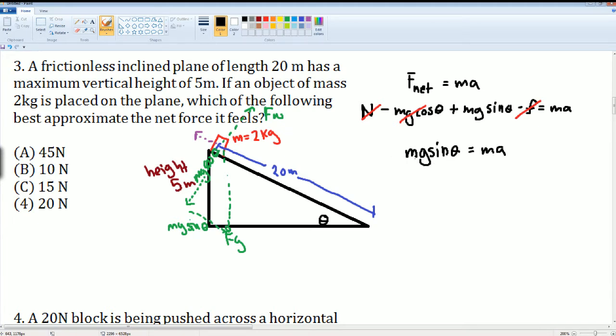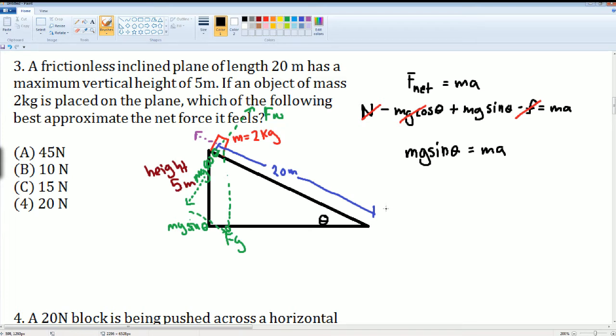This is the gravitational part. Gravity has two components here, a sine part and a cosine part. The only thing causing the object to slide down the ramp is the sine part. Okay? And that equals ma. Right?